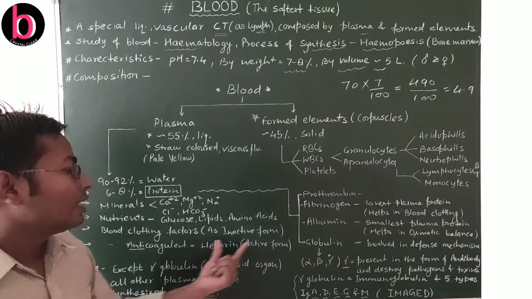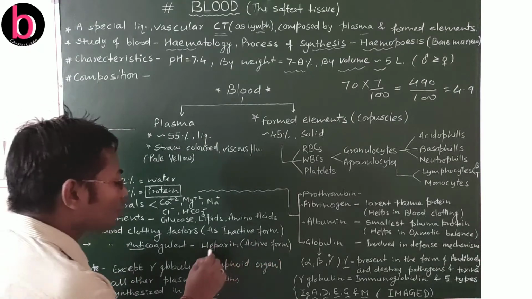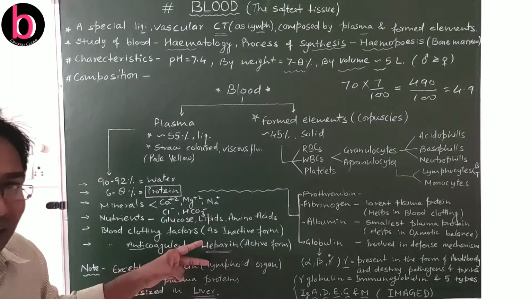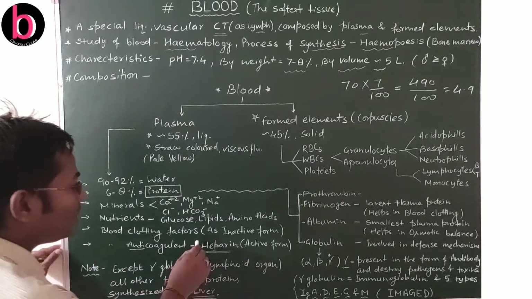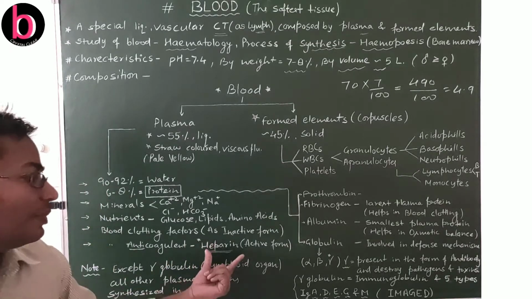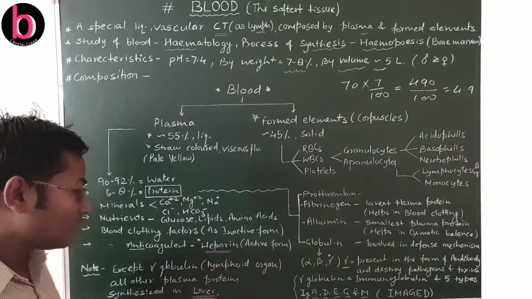Heparin is present in active form, and heparin is not a protein. This is not given in NCERT, but is very important. Heparin is a mucopolysaccharide, or simply you can say a polysaccharide. This is not a protein.